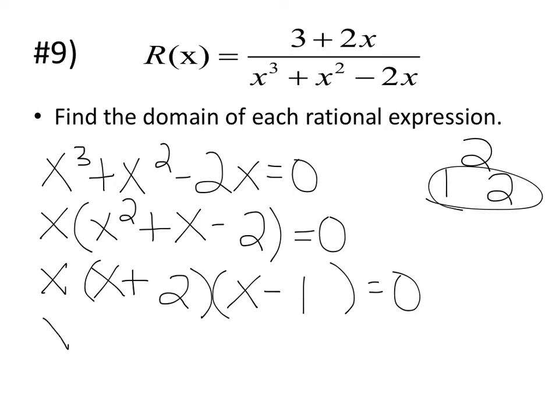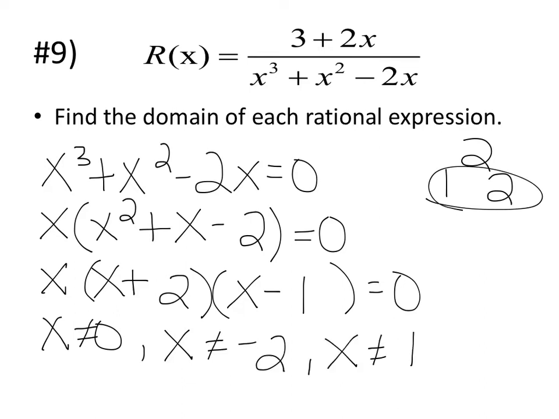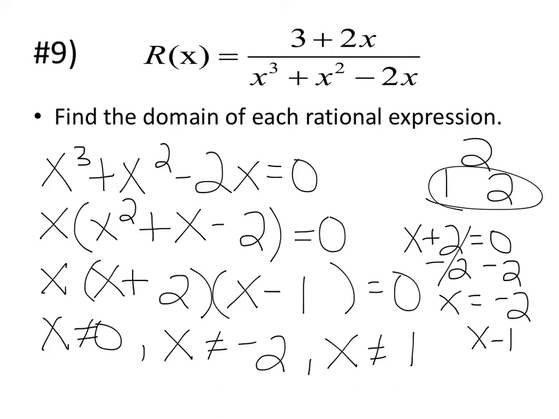So now you've got x cannot be 0, x cannot be negative 2, and x cannot be 1, because all I did was set x plus 2 equals 0. You subtract 2 from both sides, you get x is negative 2, and then I also did x minus 1 equals 0, add 1 to both sides, and you get x equals 1. And remember, all of these things that you're getting are what x cannot be.